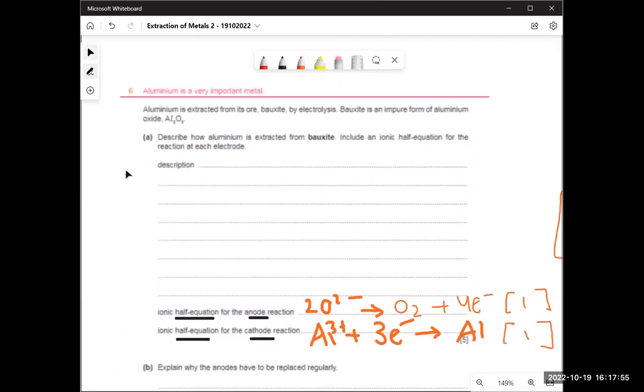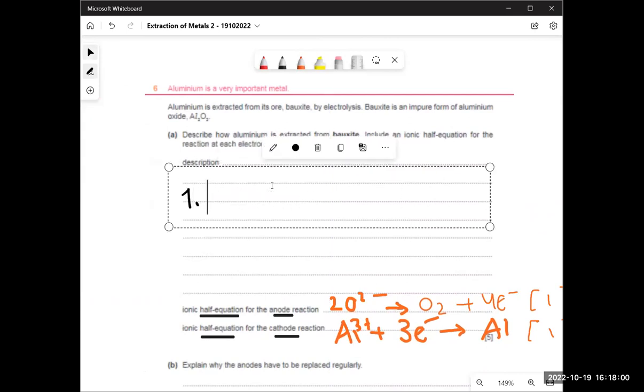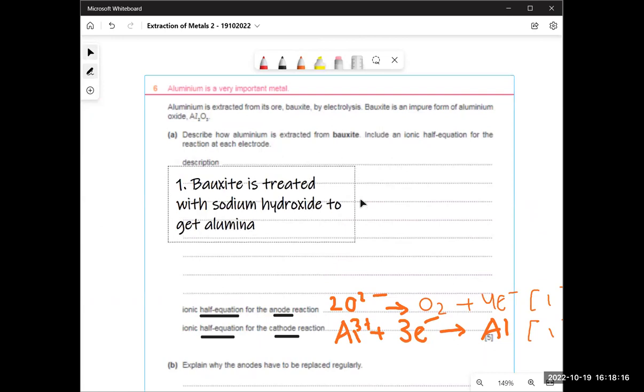You have to memorize the whole thing from what I've given you in your notebook, but I'm writing the answer for you here. First step: bauxite is treated with sodium hydroxide to get alumina.